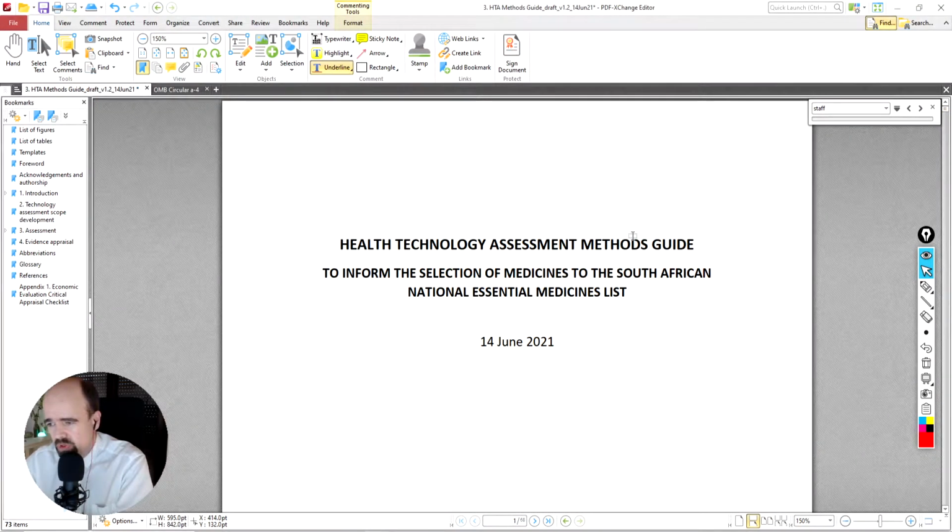Trastuzumab, case in point, was included under the Essential Medicines List by the World Health Organization in 2015, but it was only included in the EML in South Africa in 2017. For breast cancer, trastuzumab, that is. I know that there are specific sub-indications and nuances, but here I'm speaking more in general terms. So it took a full 2 years before trastuzumab appeared in South Africa's EML.